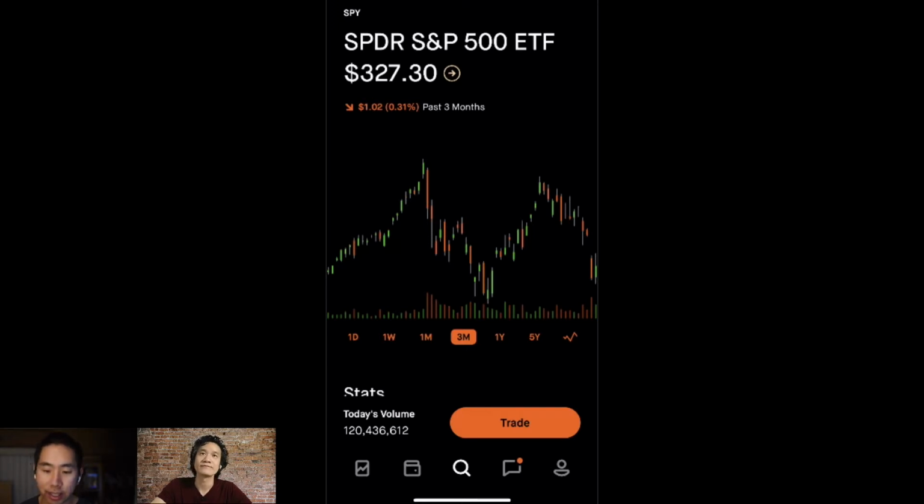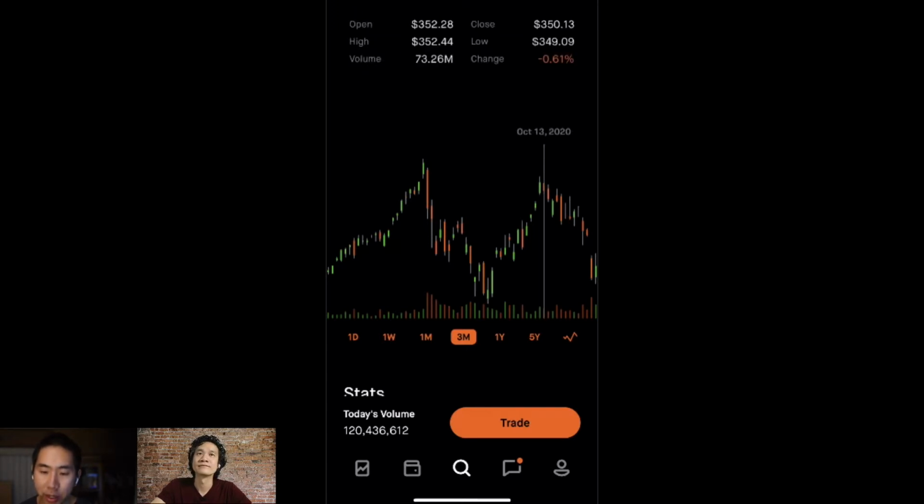So you can see how many people were trading during this time. In this time, this was 68 million shares of the S&P 500 being traded in a day.